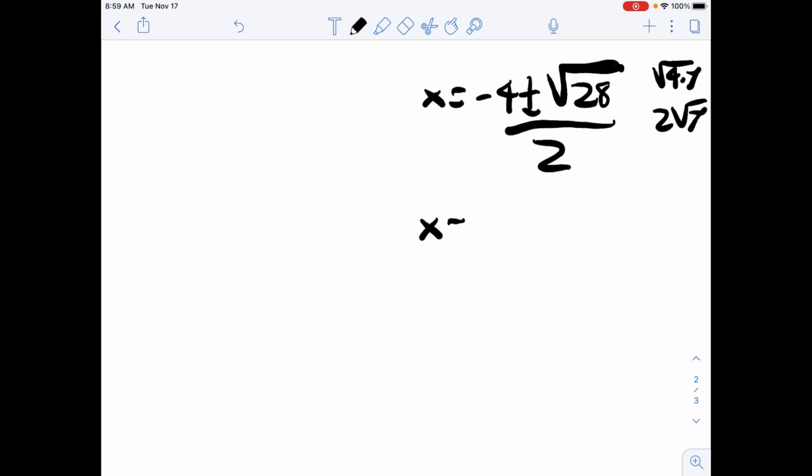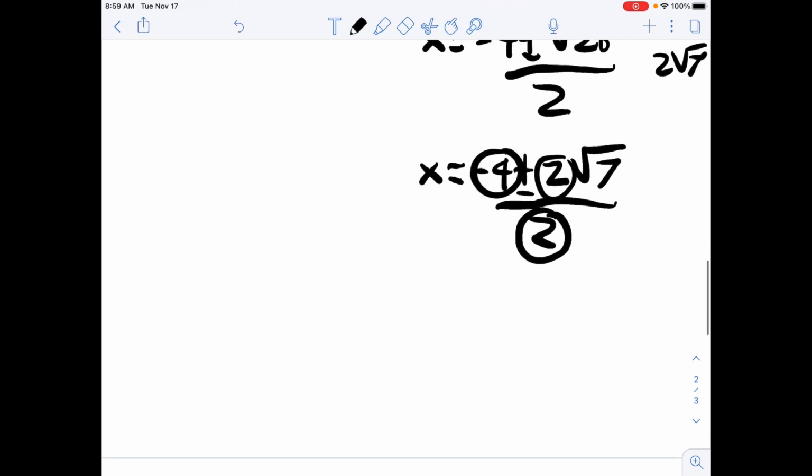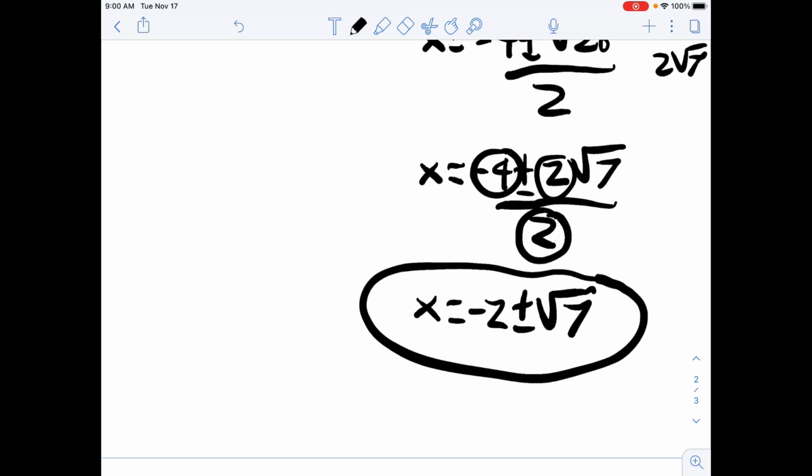So this is x equals negative 4 plus or minus 2 times the root of 7 over 2. And now, if we were to look at these three numbers, we can see that they divide by 2. So this can become x equals negative 2 plus or minus the square root of 7 over 1, or we can just write it like this.